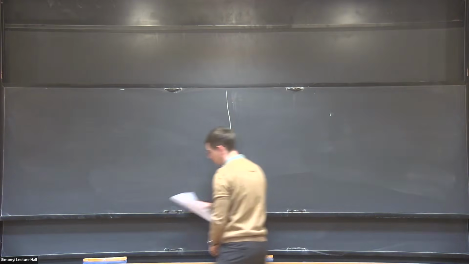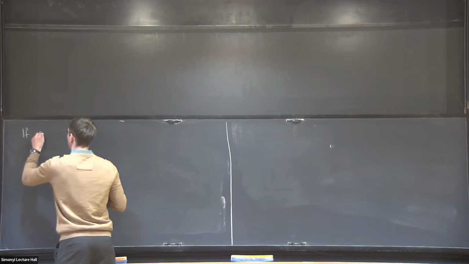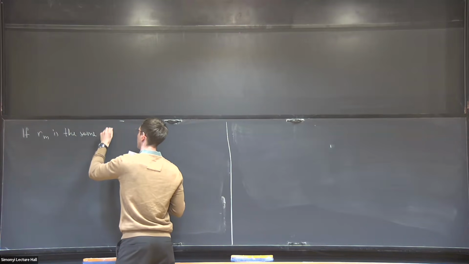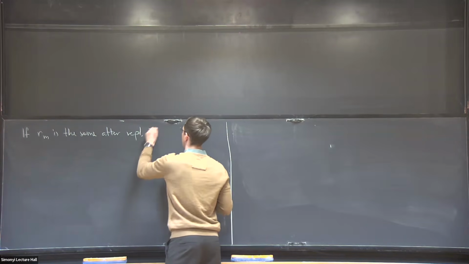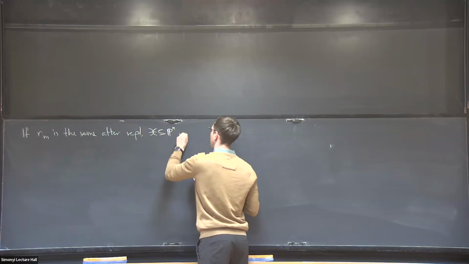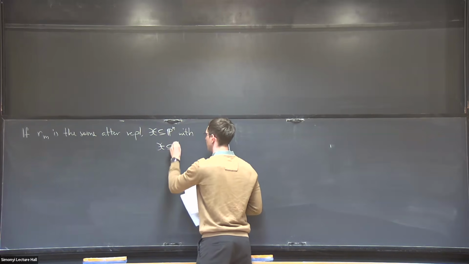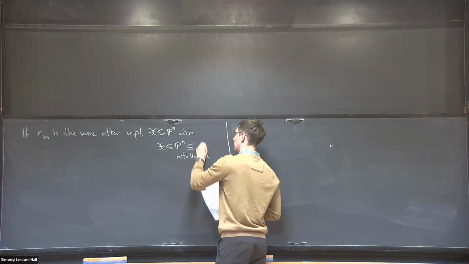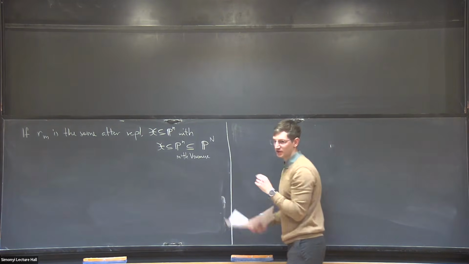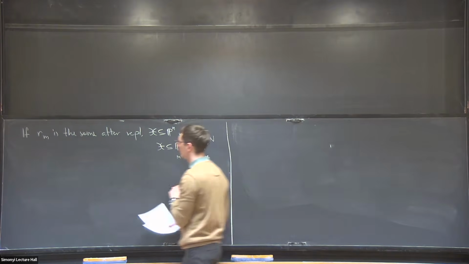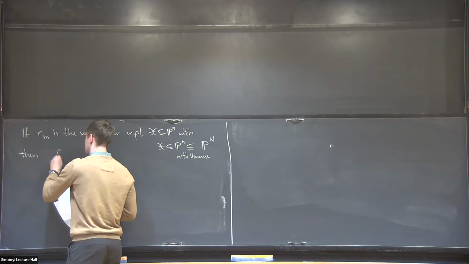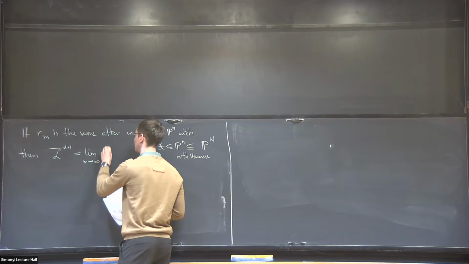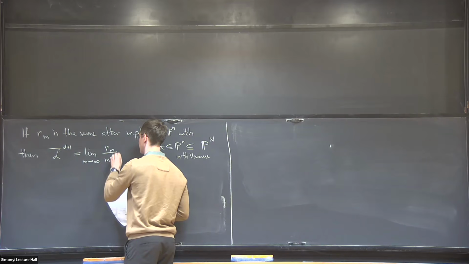So if R_m is the same number after replacing X inside P^n with X inside P^n and then doing the m-th Veronese, which will give me a new embedding into some projective space of higher dimension, then this arithmetic self-intersection can be defined as the limit when m goes to infinity of R_m divided by m^(d+1).